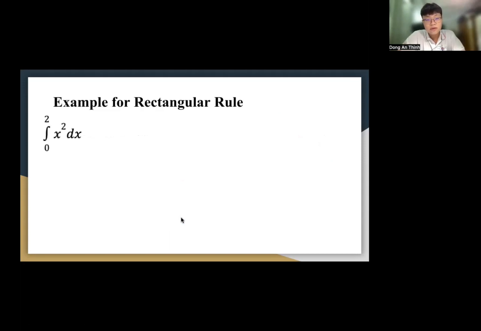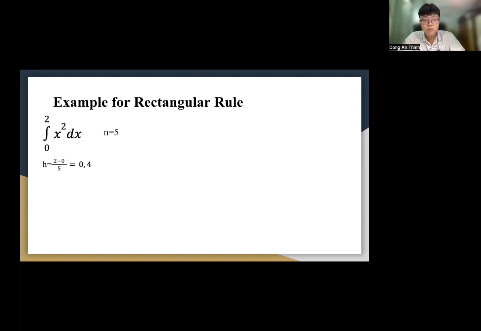Let's say we have x squared, integral from 0 to 2, and we have 5 stripes. First we have to find the width, which is equal to 2 minus 0 divided by 5.